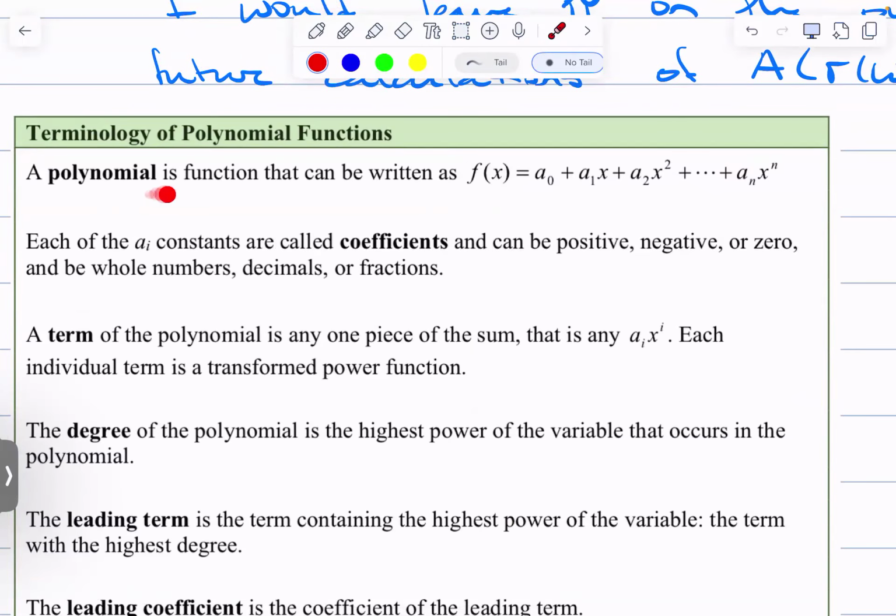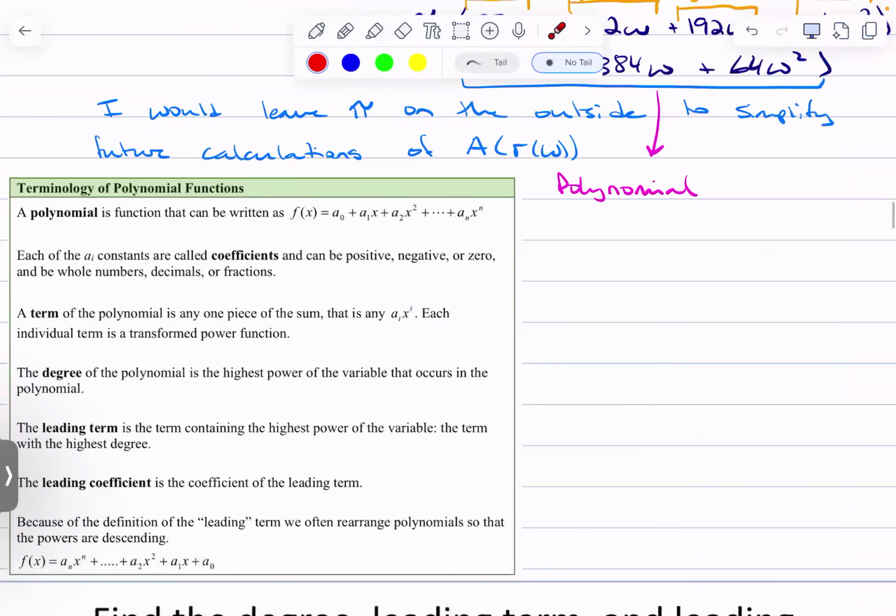A polynomial function is any function that can be written as f of x equals a subscript 0, meaning it's your first a, a generic coefficient, plus a1 times x, technically to the power of 1, yet we usually don't write it, plus a2 times x to the power of 2, plus all the way up to a subscript n times x to the power of n. So each power of x has its own coefficient.